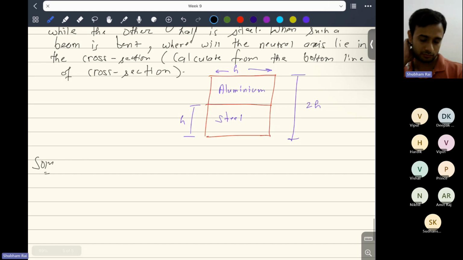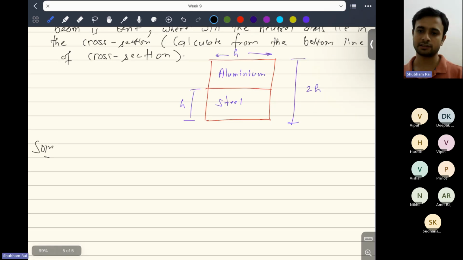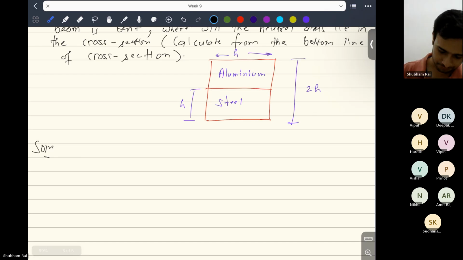You have to calculate where the neutral axis will shift, and obviously it's going to shift. It's not going to be at the center, as we will see. So I'm assuming the position of the neutral axis.